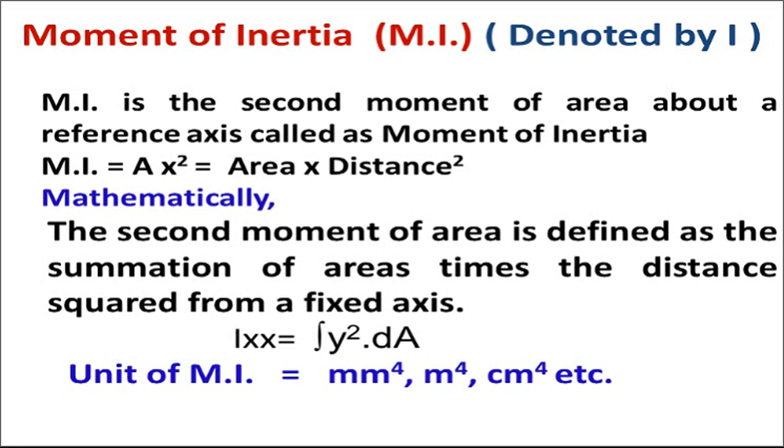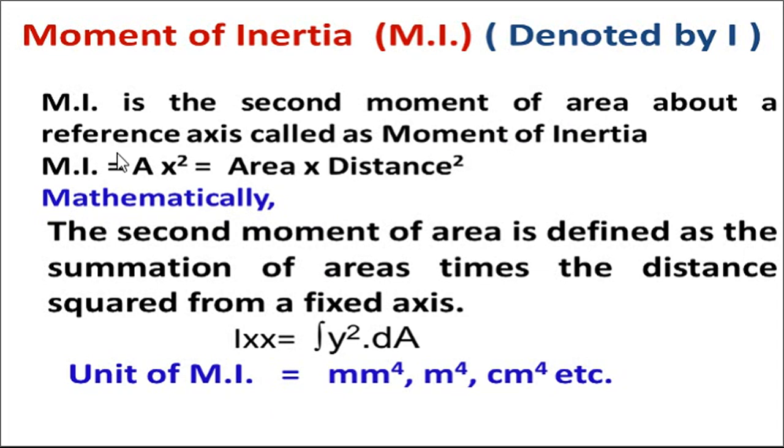Suppose I want to find the moment of inertia about Ixx, I will just take area and distance square, because the unit of moment of inertia is mm raised to 4, meter raised to 4, or centimeter raised to 4. Already we have discussed this in mechanics.